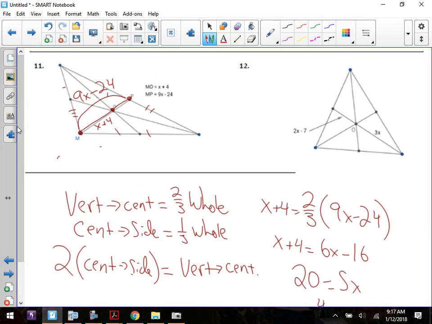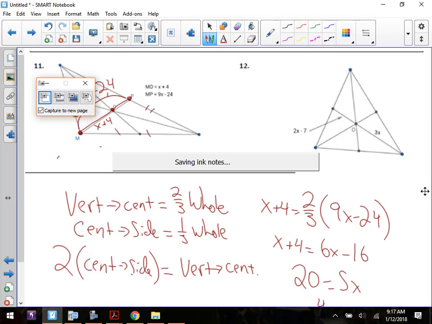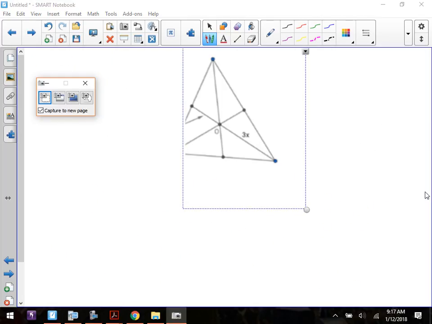Same thing with the next one. The next one is just dealing with the whole thing, that was 2x minus 3. So now you've got the vertex, the centroid to side.